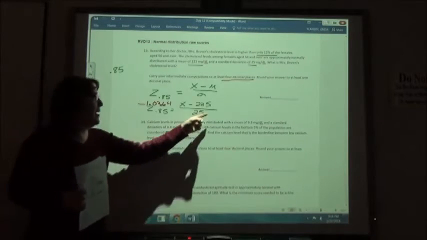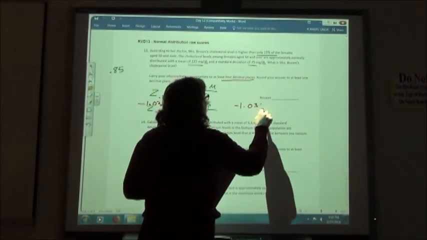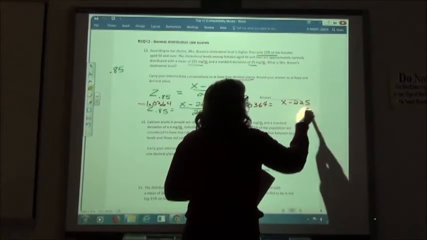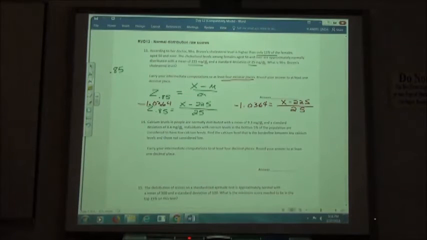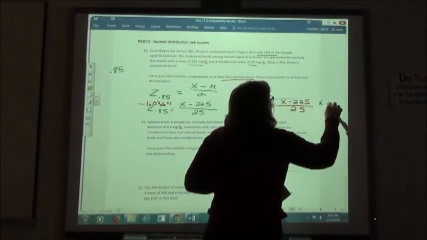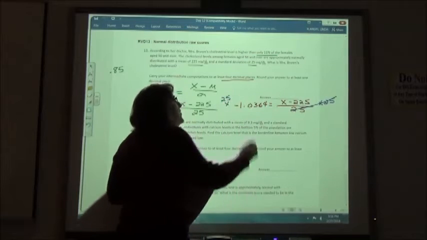If I have this equation right here, negative 1.0364 equals X minus 225 over 25, and I want to solve that for X, what should I do? Times by my 25 first, right? So I'm going to times by the 25, which basically cancels it out from there, moves it over here.